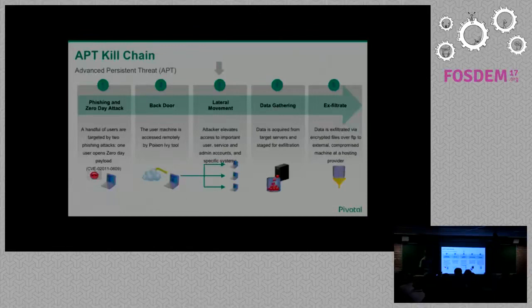Here is a path in which this is known to happen. It's called the advanced persistent threat, and this is the chain. There's a phishing attack or a zero-day attack in which, say, a user's machine is compromised. Then a third-party machine will come in the back door via this compromised machine.